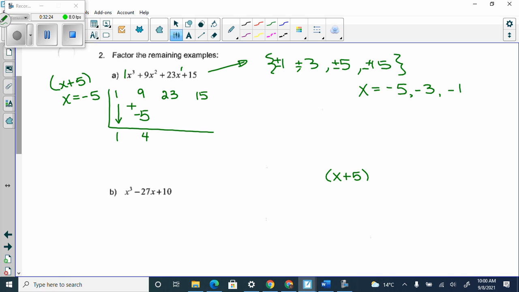And then we multiply. -5 times 4 is -20. Then we add. 23 minus 20 is 3. And then we multiply, and then we add, and then we're happy. If we don't get a 0 in that box, you messed up. Things are bad.